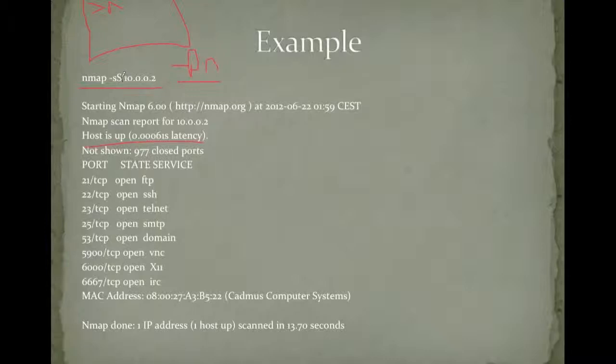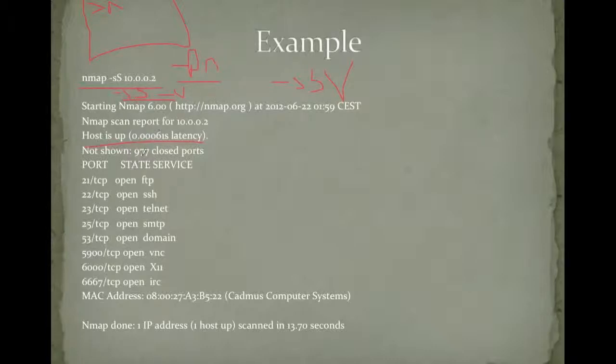Now I didn't specify the version, but I could do this by doing -sS -v, or I could append it to the -s, so I could do a lowercase s, uppercase S, and a v. It's just easier, but you can do this.